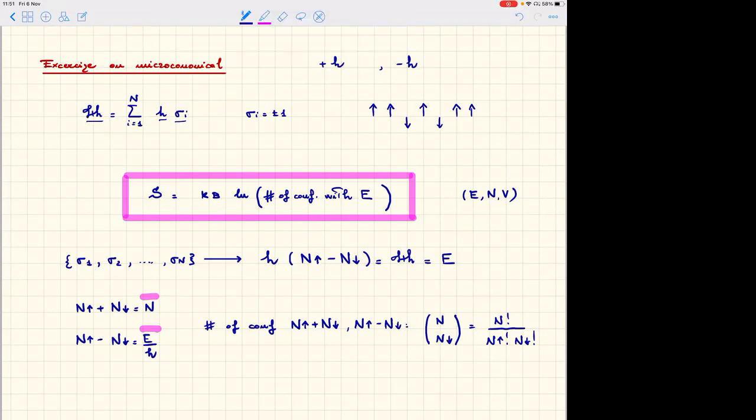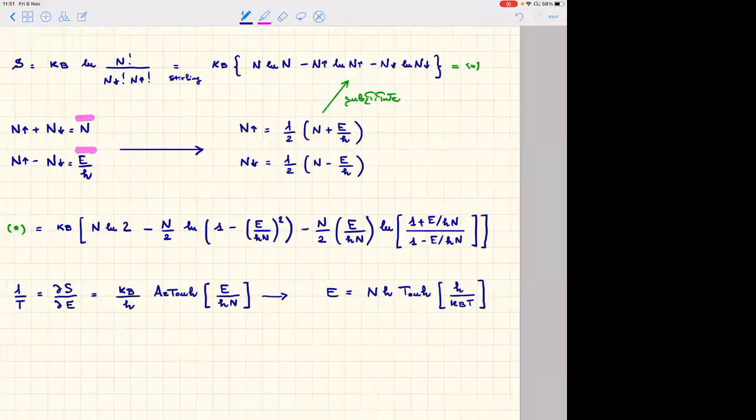Therefore, it's evident that the total energy is going to be h n_up minus h n_down, which is h times (n_up minus n_down). So this is going to be my total energy, right? You agree? Yes, thank you. So now you see how it works.